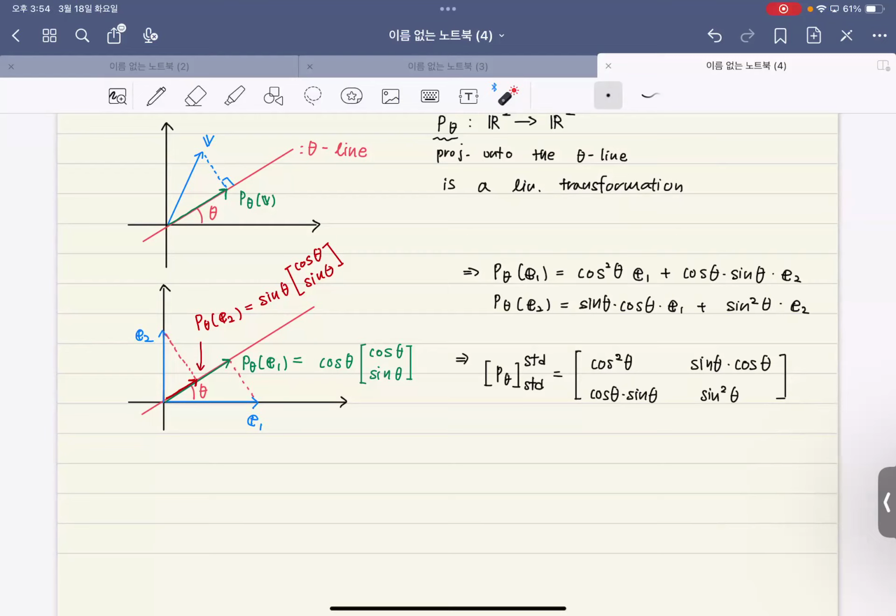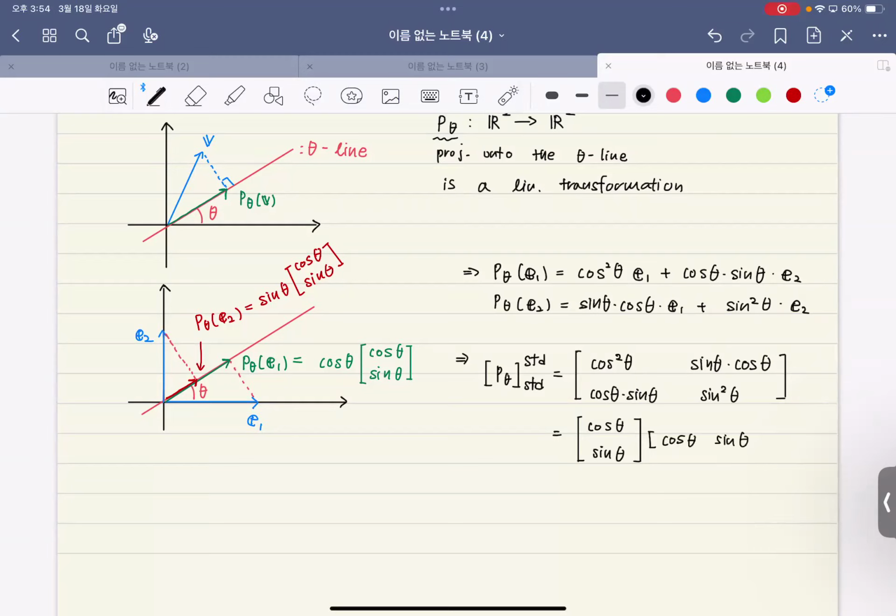Okay, and in my previous lecture, every rank 1 matrix can be decomposed into a column vector times a row vector. So I must be able to have such a decomposition, which is (cosine, sine) times (cosine, sine).